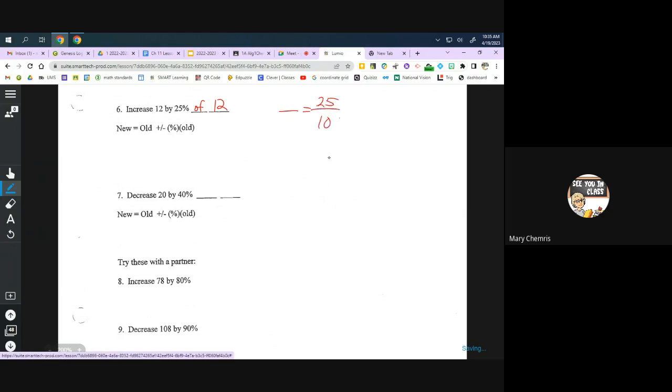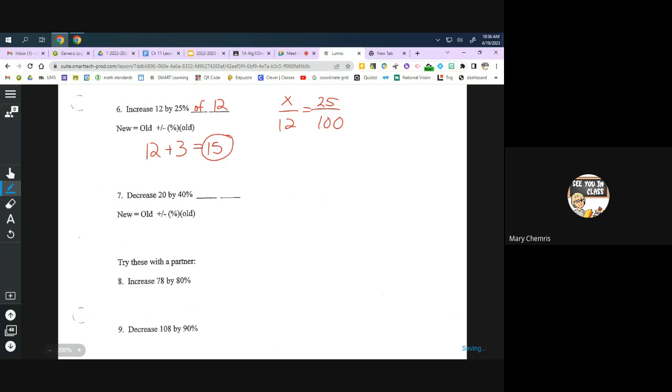We could figure that out this way, and we figure out that 25% of 12 is 3. So that means take 12 and increase it by 3, and we get 15.